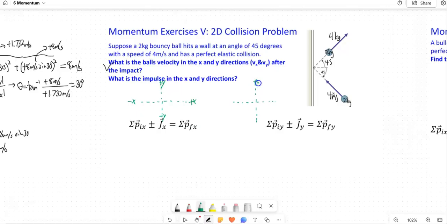So this is positive y, positive x, negative y, negative x. Okay, so this is initial, and this is final.